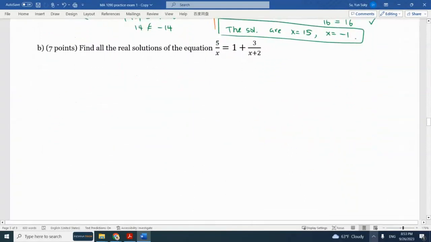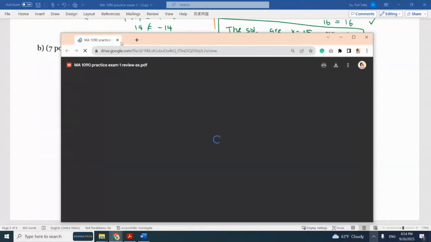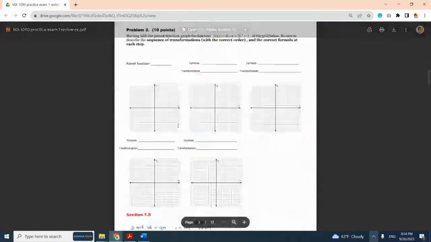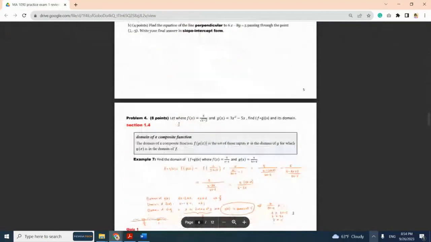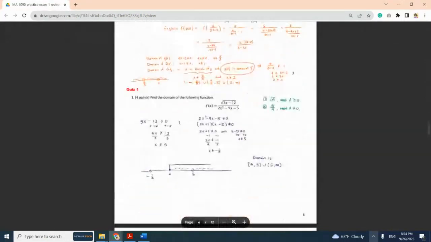Okay. So part B, find all the real solutions of this equation. This problem is, I would say, easier than the problem on the actual exam. If you remember this file where I put more examples from your notes, I put more examples here besides the practice exam.